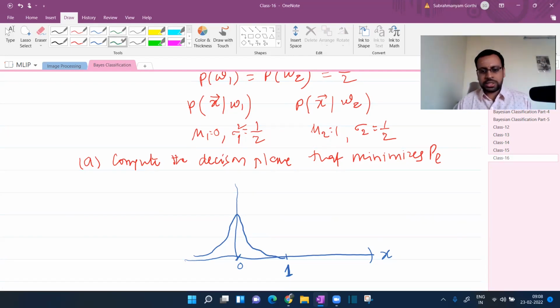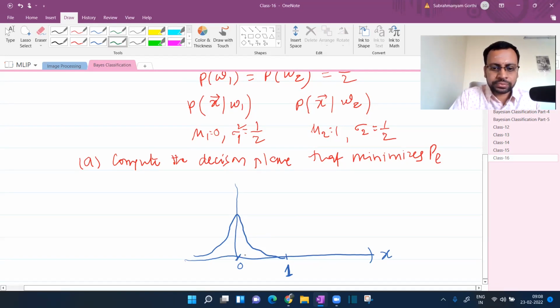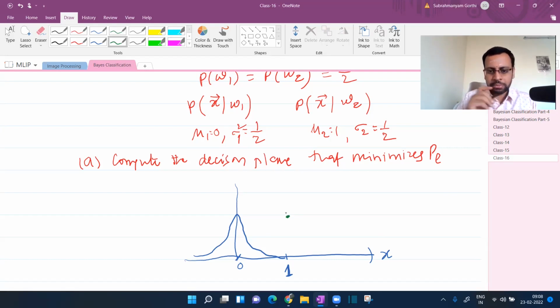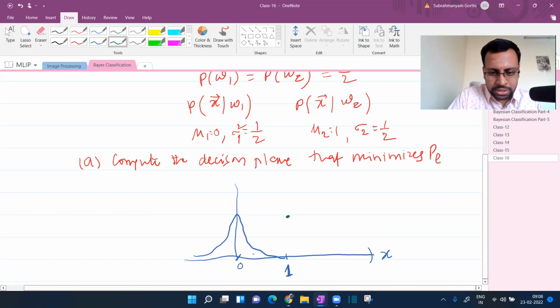Then the second one is centered at 1. Since the variance is the same, it will be of the same magnitude at the peak, is it not? Because the area under them is the same, except that there is a translation with change of mean.